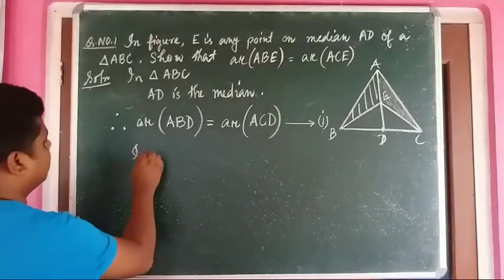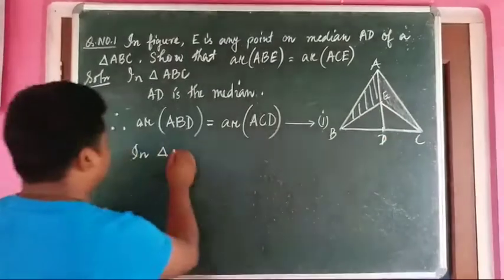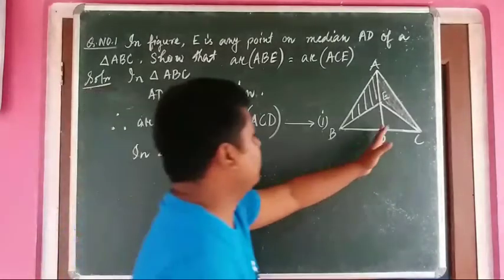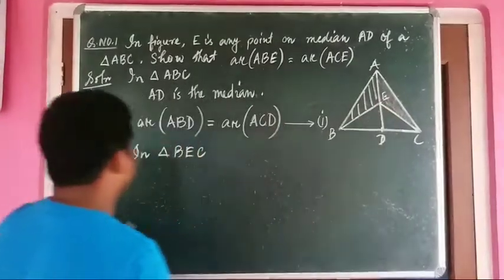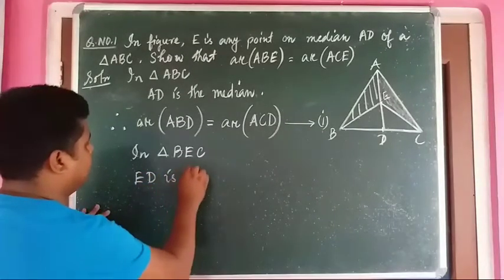In triangle BEC, DE or ED is the median.